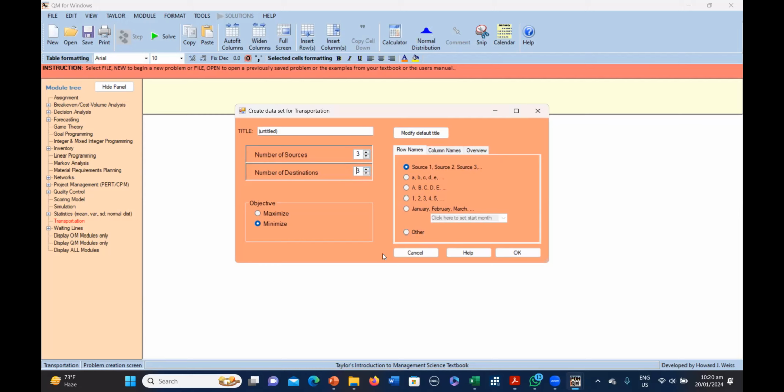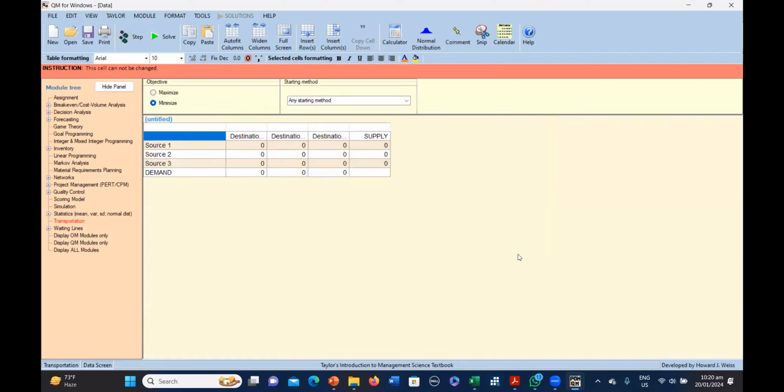It's already selected from my end as a minimization problem. Once I click on this, the interface opens up for me.